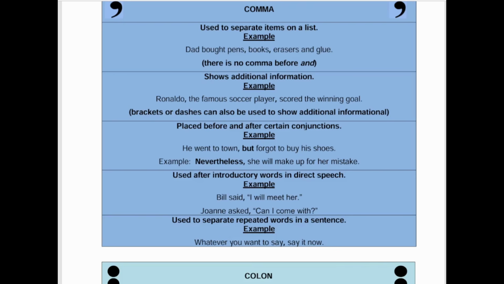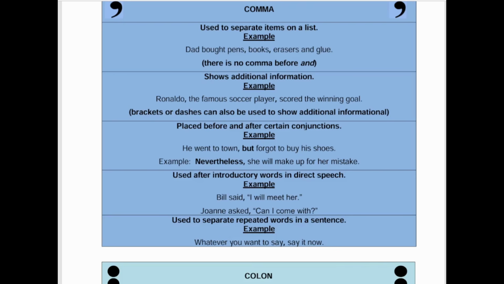Another example, Joanne asked, "Can I come with you?" So you find that a comma is being used after introductory words in a sentence.